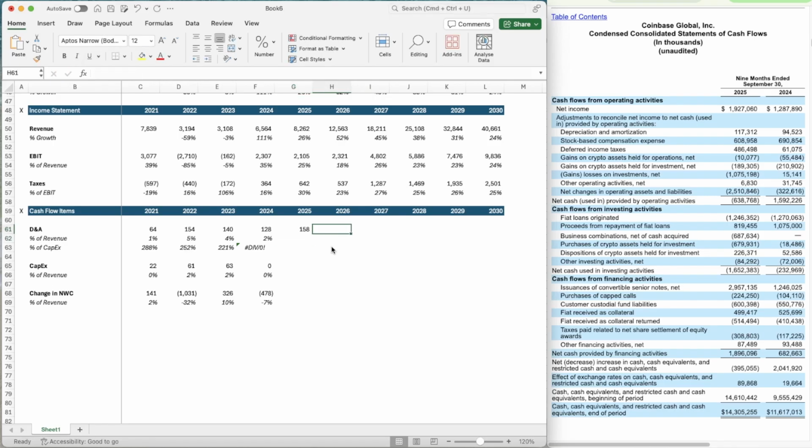Yeah. Again, there's been no capex for this year. Wow. Change in net working capital, this line. Let's just leave it at what it says there. Negative 2510,846.